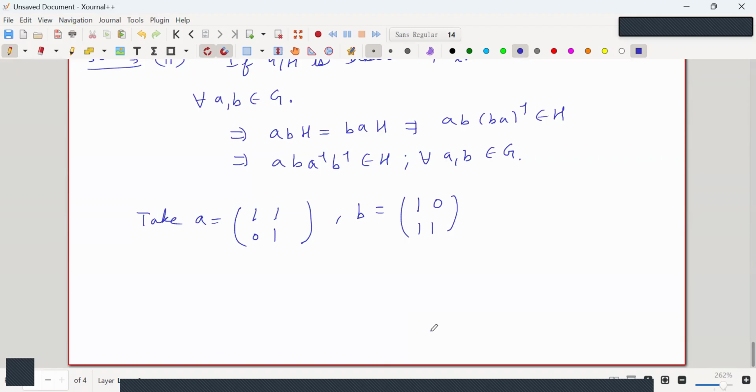What is A inverse? This will be 1, 0, minus 1, 1, and B inverse will be 1, minus 1, 0, 1.